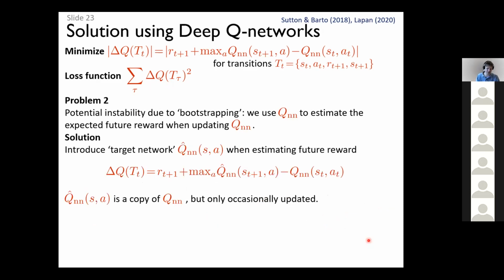And a second problem is that we have bootstrapping. So that means that we use a Q network to estimate the expected future reward when we update. So we have this expected future reward that follows the Q matrix or the Q network. This is good because this will speed up learning. So this is something we want. But the problem now when we have neural networks is that when we update the Q network, it may be so that we also update the Q network for similar states.